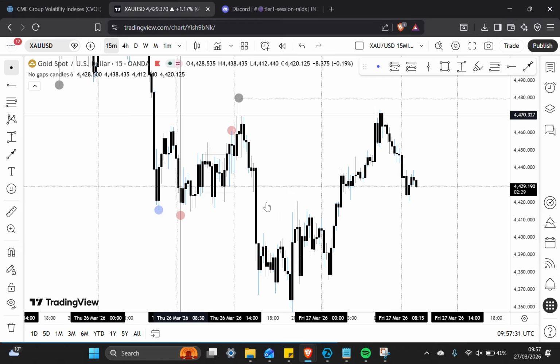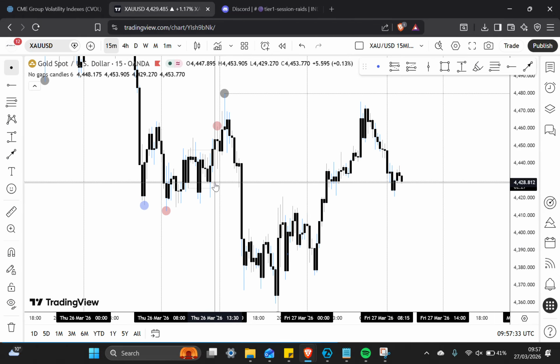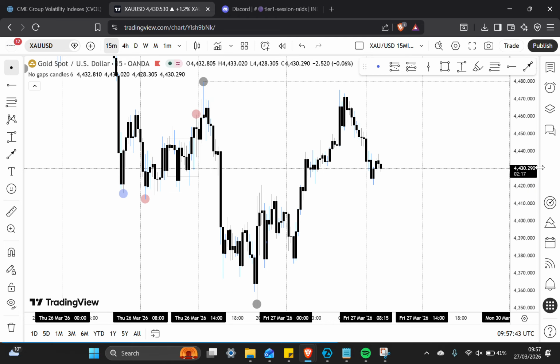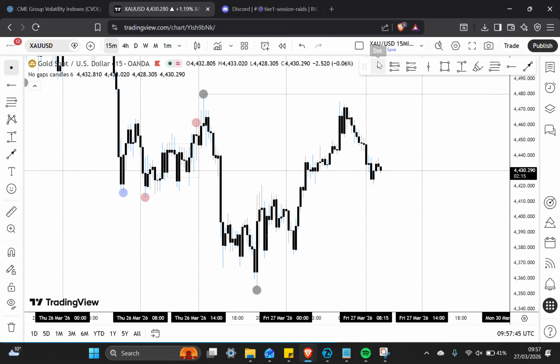I have a template somewhere, but nevertheless, Eastern time is -4 hours. So what you need to do essentially is just add 4 hours onto the CVOL, and then split the volatility index, measure the volatility index across 3 sessions, and then what happens is you have a solid volatility tracker.